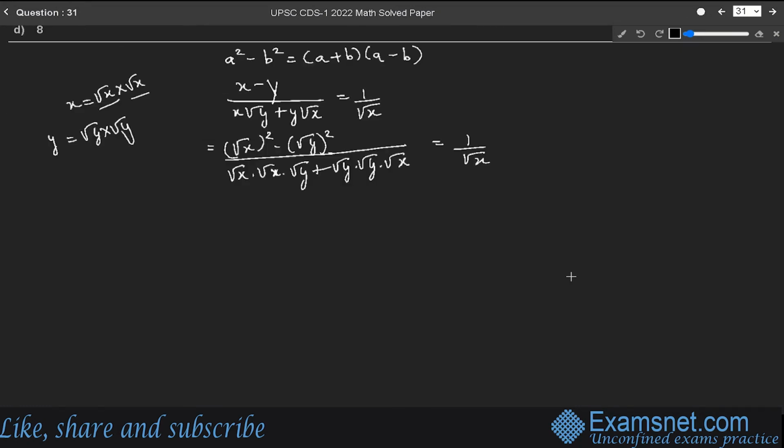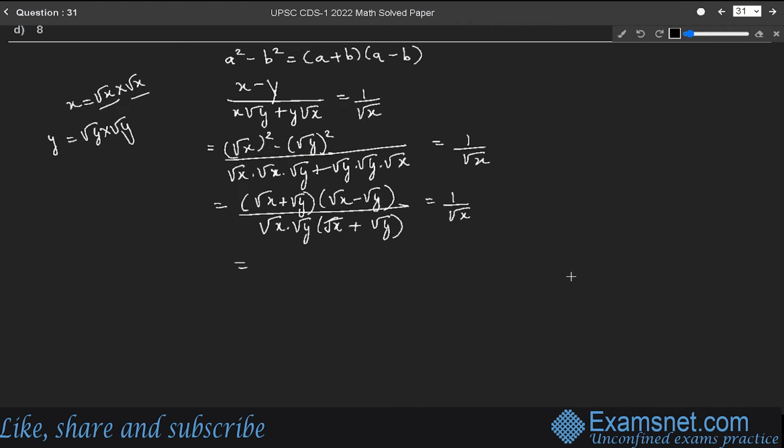On further solving, it will be equal to root x plus root y and root x minus root y. You can see that it is in the form a square minus b square, and root x and root y is common here in the denominator, so the remaining terms are root x plus root y is equal to 1 upon root x.